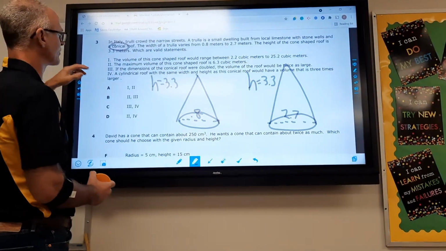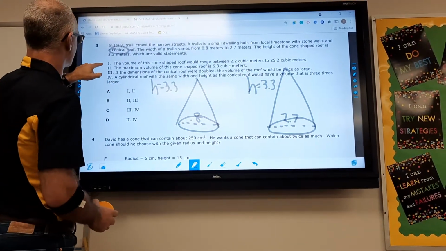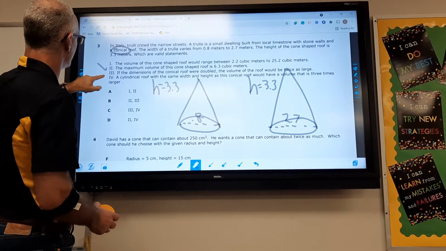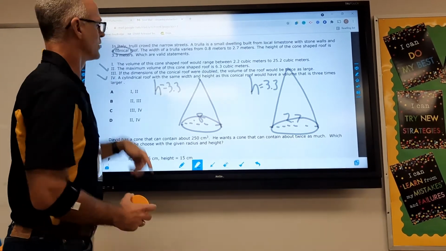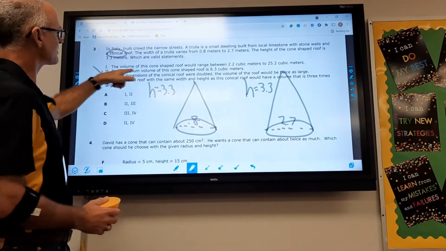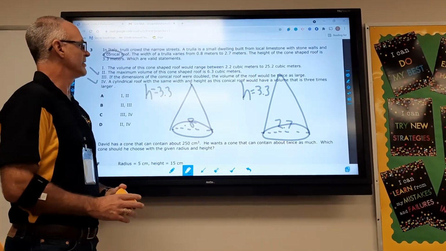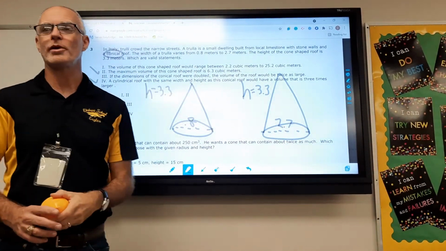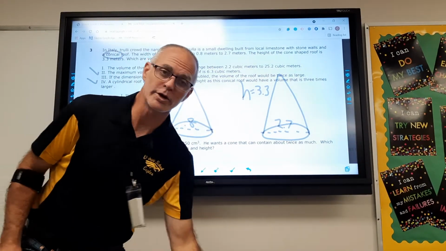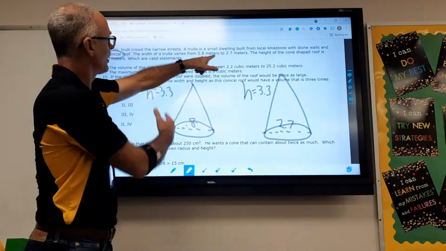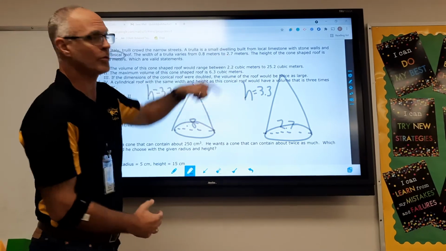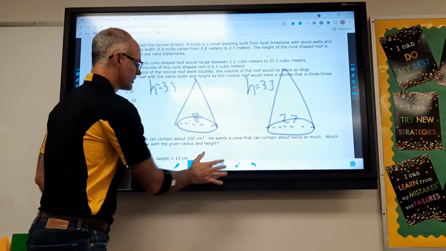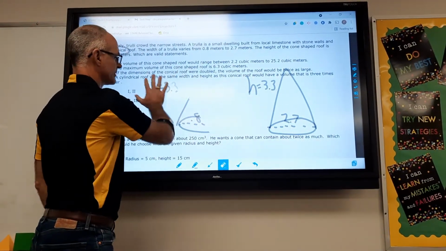And what I'm going to focus on is the two valid statements are number 2 and number 4. Number 2 says the maximum volume is 6.3 cubic meters. So we look at the maximum diameter, 2.7 meters. So let's focus on that.